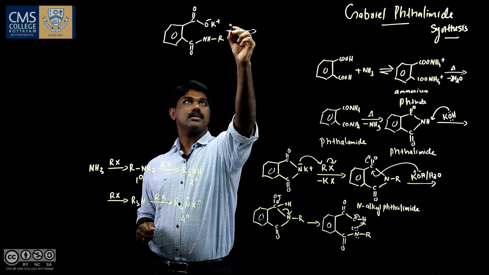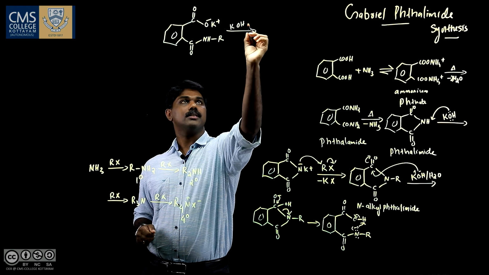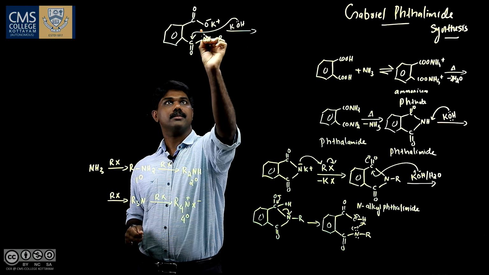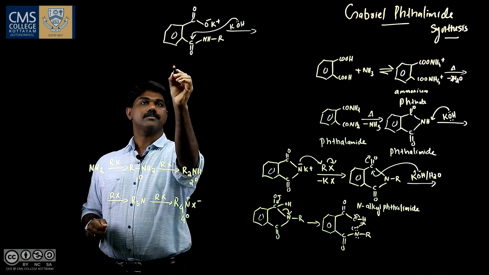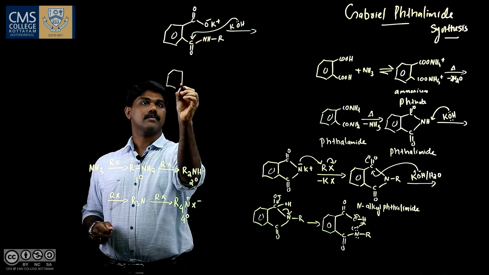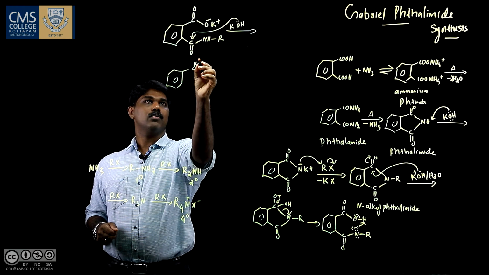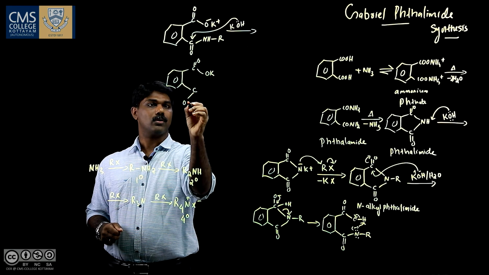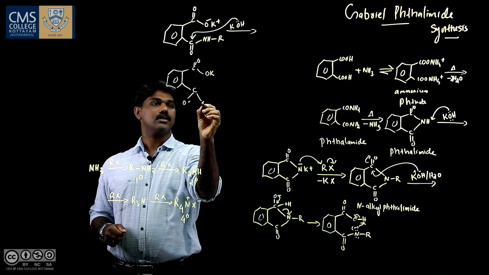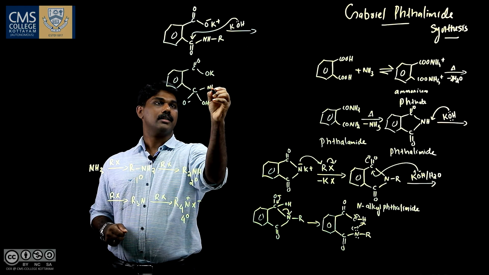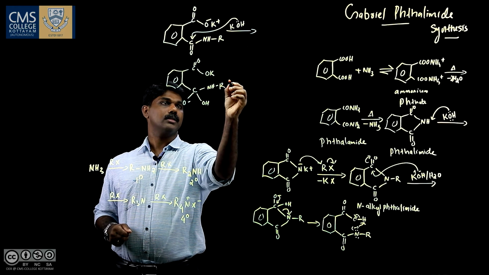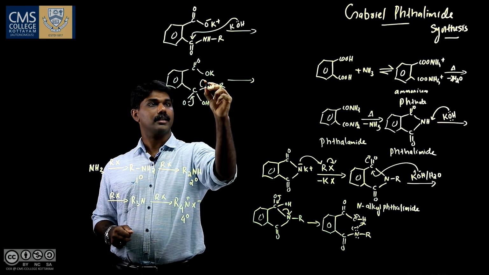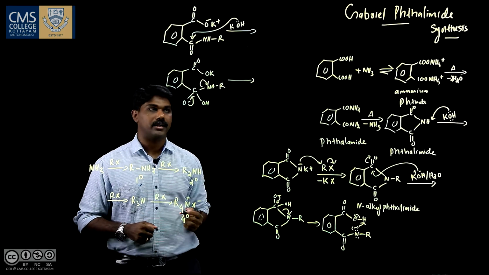Again one more KOH unit attacks here. So we get C double bond O, then C single bond O minus, here we have the OH and the NHR group. Again this negative charge comes back and the bond gets shifted to nitrogen.